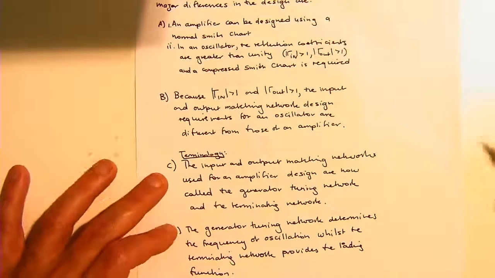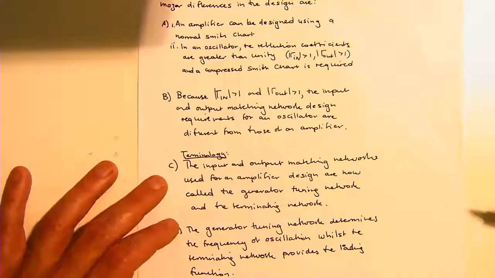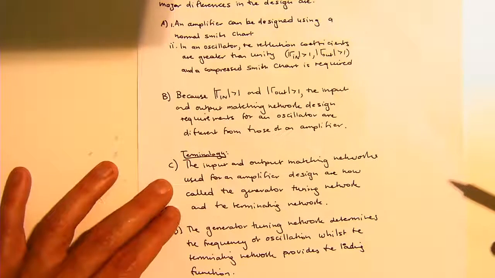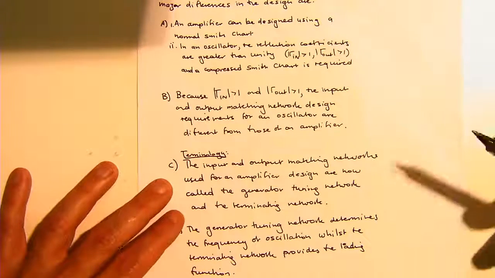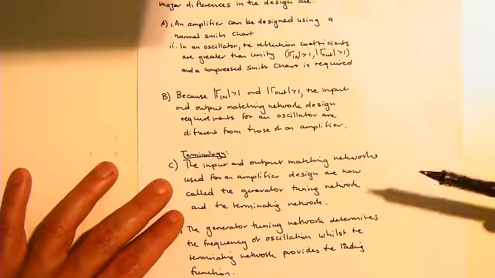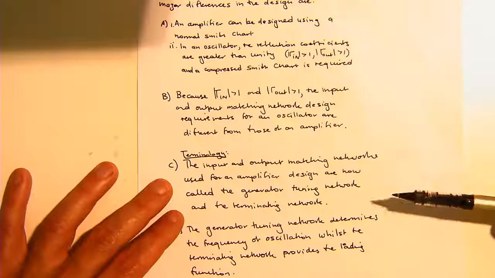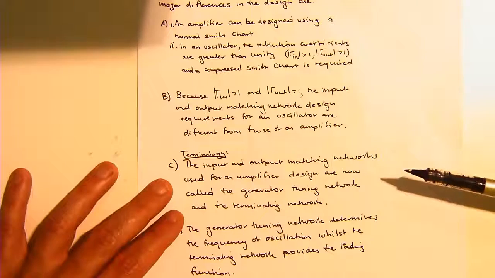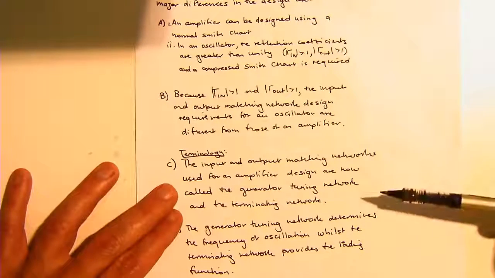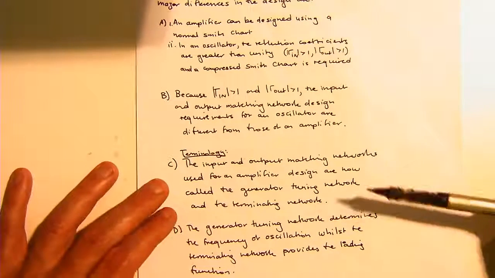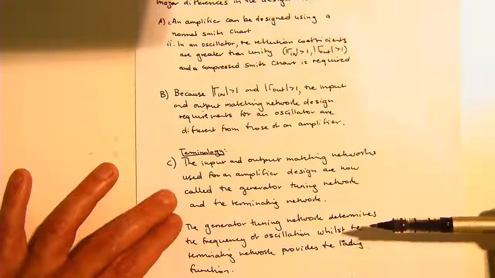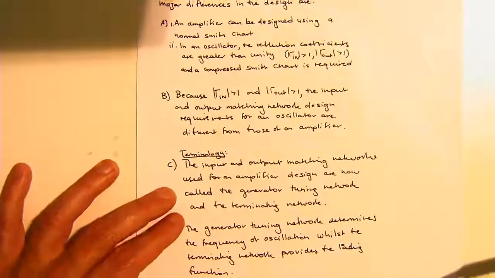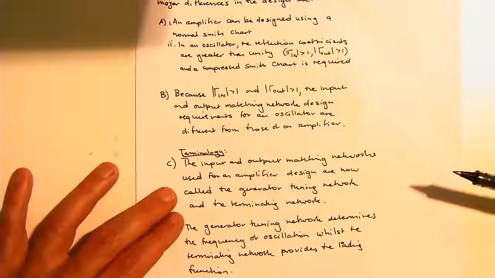Now, in order to avoid any confusion, like many books do, I redefine the input and output matching networks and call them the generator tuning network and the termination network. What is it? It's the input and output matching networks.